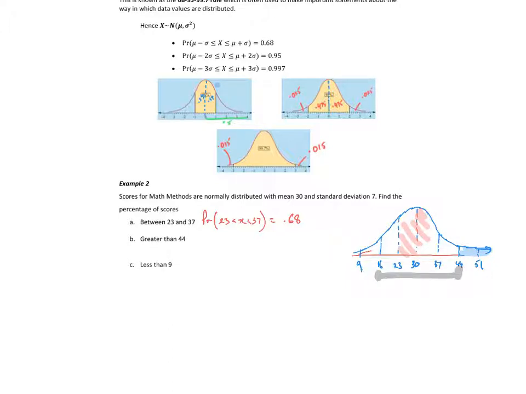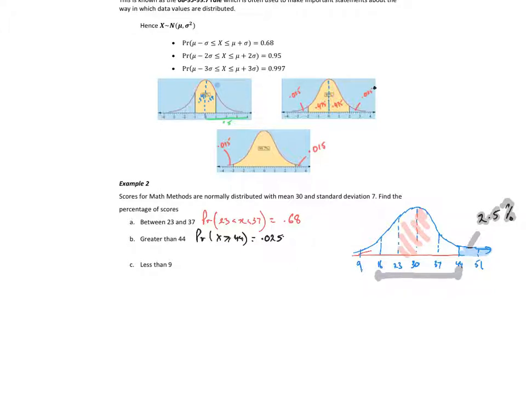So we know that that little section there is 2.5%, because 2 standard deviations is 95%. So the probability that X is greater than or equal to 44, it doesn't matter whether it's greater than or equal to or greater than, is 0.025, which corresponds to that value up there.